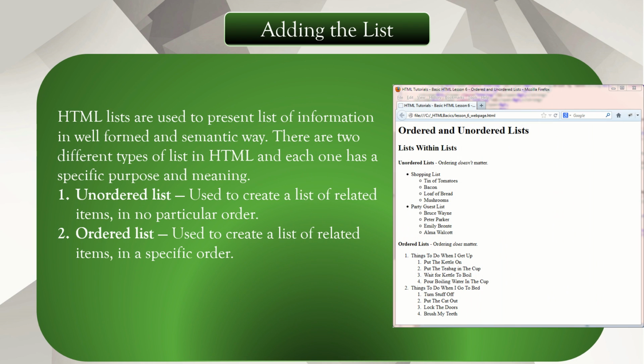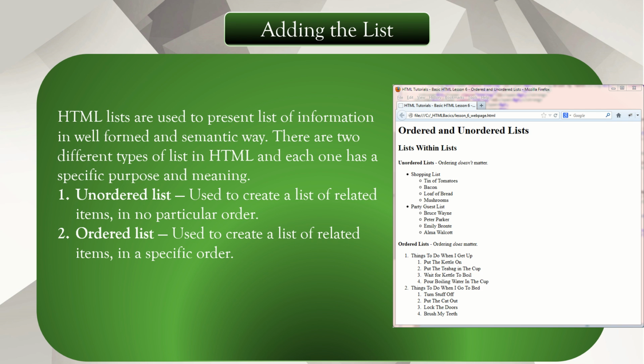So now, coming to the topic, that is adding the list. What we are going to study in this is the ordered list and unordered list. You must have used bullets in your MS Word document to add numbers or bullets to make a list, right? In a similar way you will add the list in HTML too.